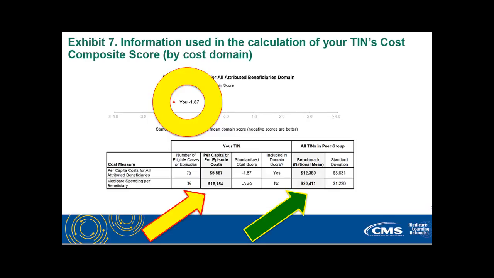And as a result, this element of their cost composite score was significantly lower than 0. Remember, anything lower than minus 1.0 qualifies for a bonus. So this particular group was high performing with respect to the cost of care determination.